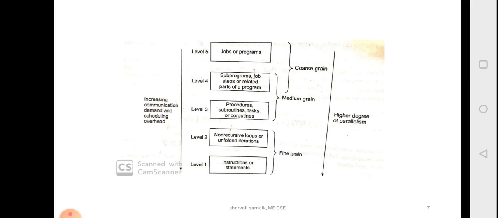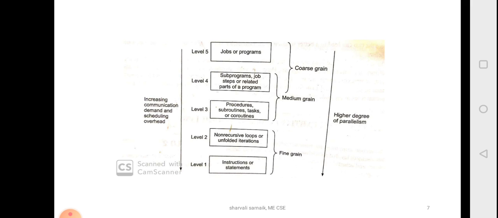If there are grains with more than 20 instructions, then it won't be at the lowest level. At the lowest level, a typical grain contains less than 20 instructions, and hence we call it fine grain. So level 1 and level 2 come under fine grain because they have less than 20 instructions.